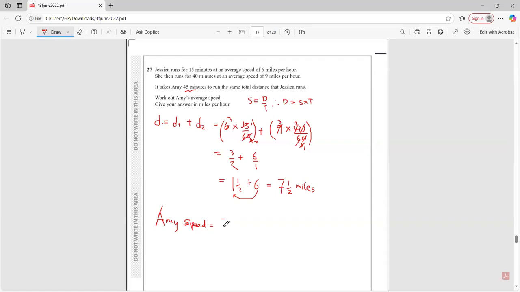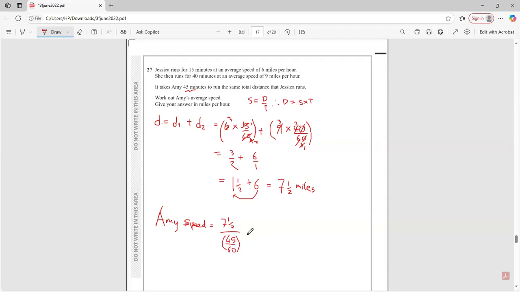So that's going to be 7.5, that's distance over time. And the time is 45 minutes. Now, remember that 45 minutes, for it to be an hour, we have to convert it to hours. So that's 45 over 60.